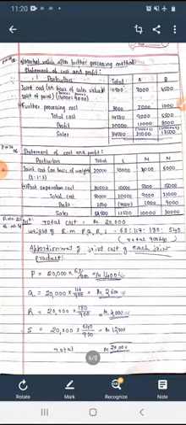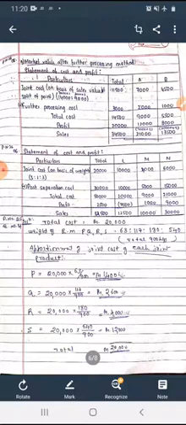Here only one thing, no need to find out the profit, we only have to divide the joint cost on the basis of the weights. Weights are directly given in the problem: 63, 117, 180, 540. Total is 900, right? Total cost is 20,000.